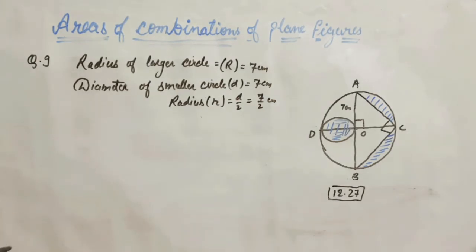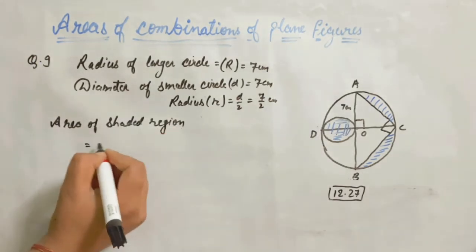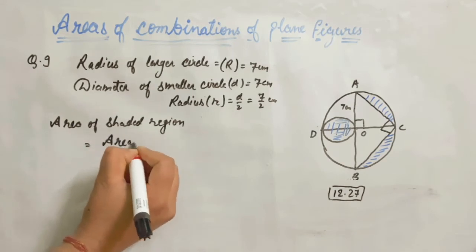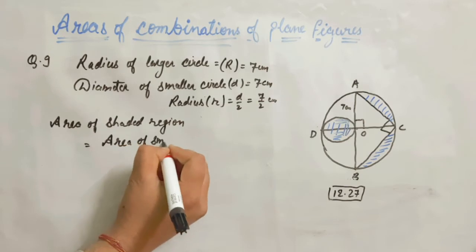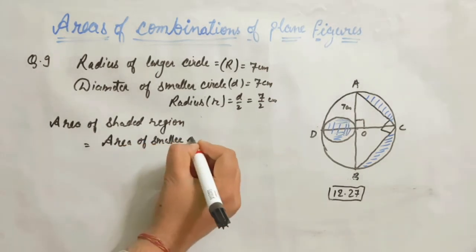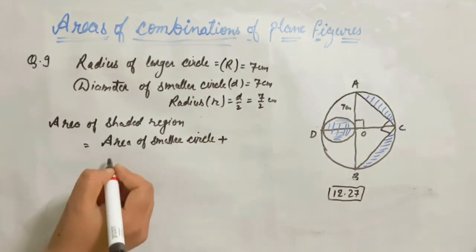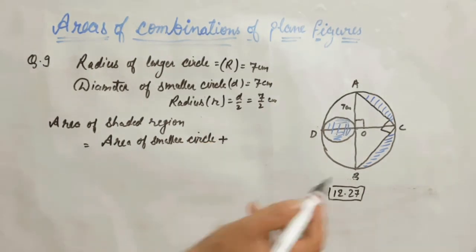Then what will be the area of shaded region? Will be equals to area of smaller circle plus area of these two segments.